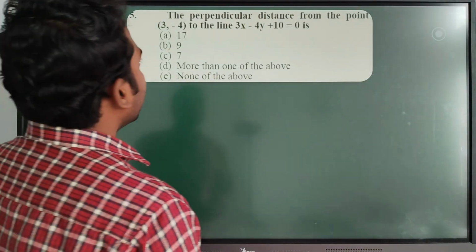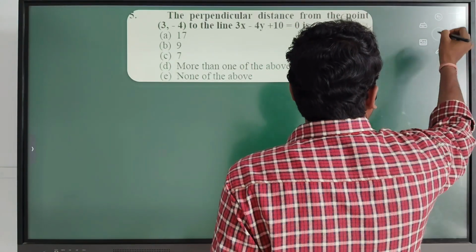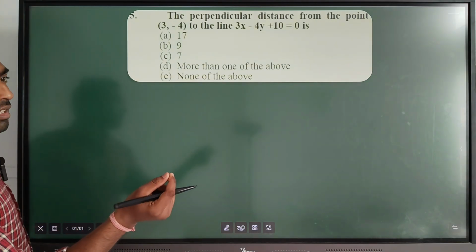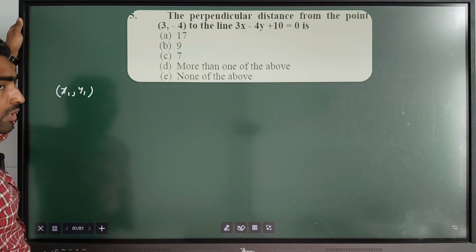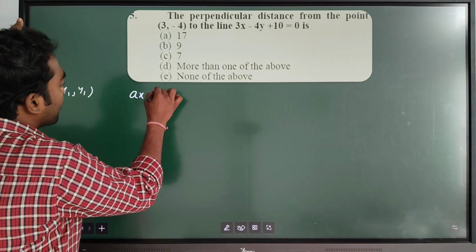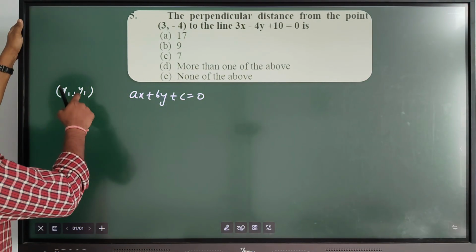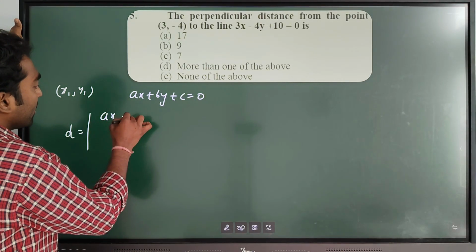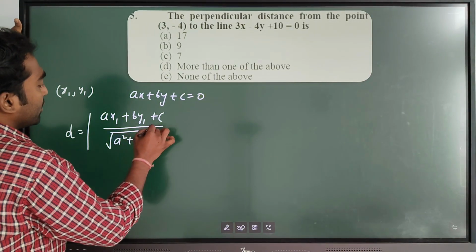The perpendicular distance from the point (3, -4) to the line. Now, if you have the formula in your mind for the perpendicular distance of a point from a line: if we have a point (x1, y1) and the equation ax + by + c = 0, then the perpendicular distance is d = |ax1 + by1 + c| divided by the square root of a square plus b square.